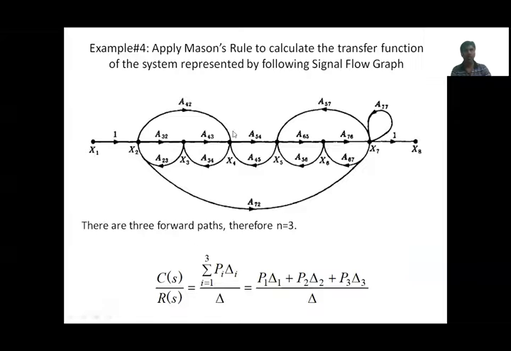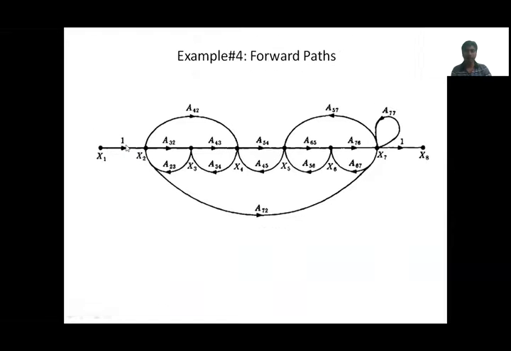Any other possible ways? Here you can jump this way, but the arrow mark is in the reverse direction, so it is not a forward path. So we have only three forward paths. This is the first forward path, this is the second forward path, this is the third forward path.